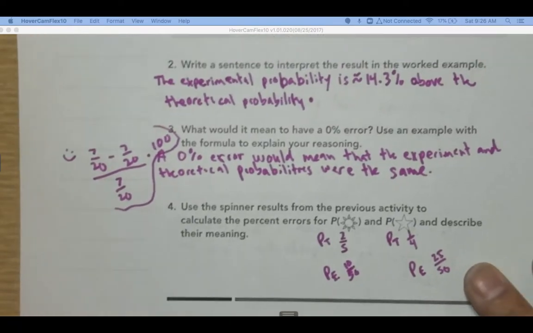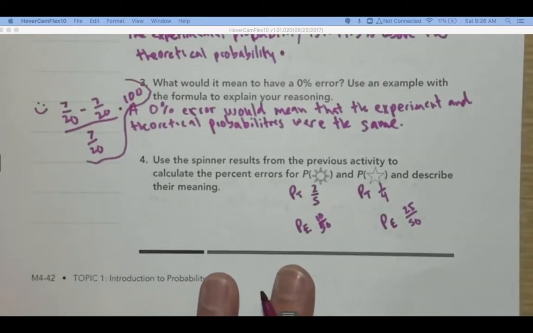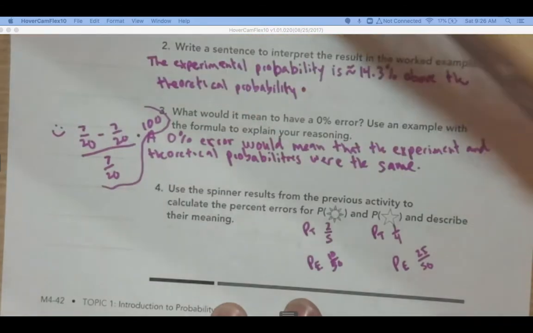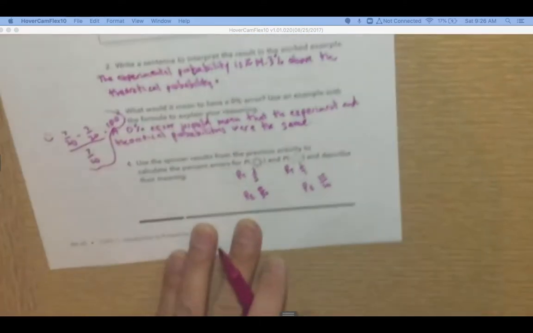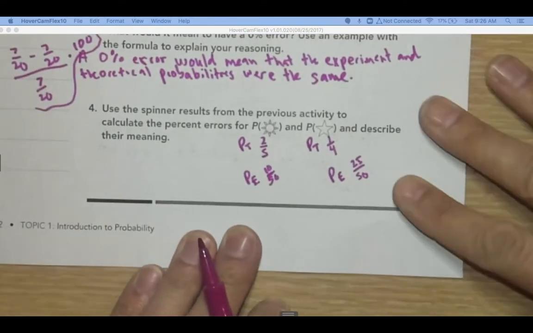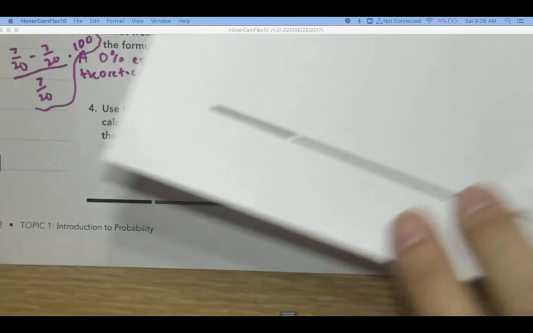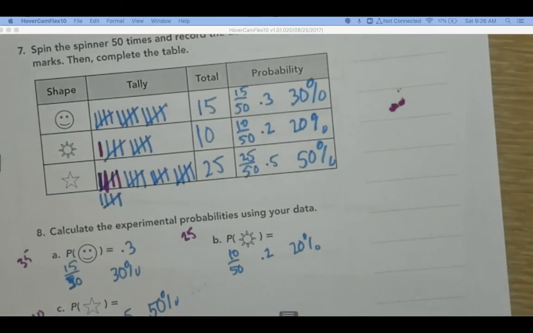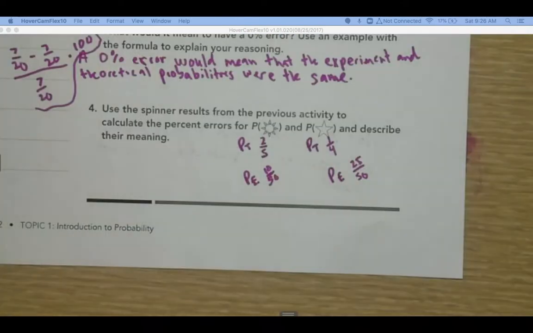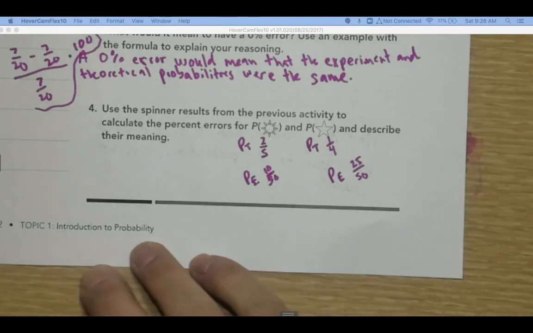Then 4. Use the spinner results from the previous activity to calculate the percent errors for the probability of the sun and the probability of the star and describe their meaning. Okay. And so that was, I used the data from when I actually ran the experiment, and then the theoretical probability was from the previous page.